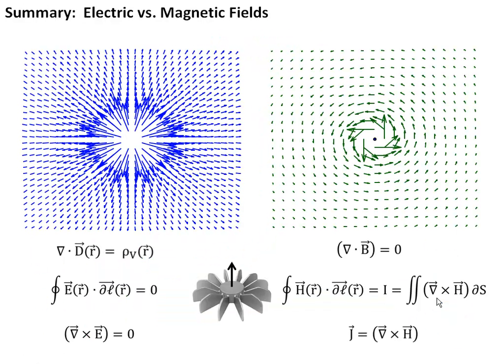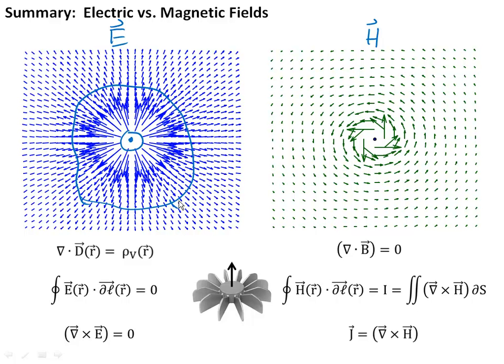Let's just review really quickly. If we compare an electric field, E, which is here in the blue, and a magnetic field, H, which is represented by the green vector field over here, we see that we have Gauss's law, which says that for an electric field, the divergence of any area is equal to the charge enclosed. So all of this region out here is going to have zero divergence, but if we put a box around here, there's a charge there, so we get a positive value.